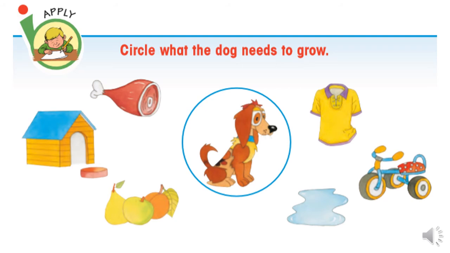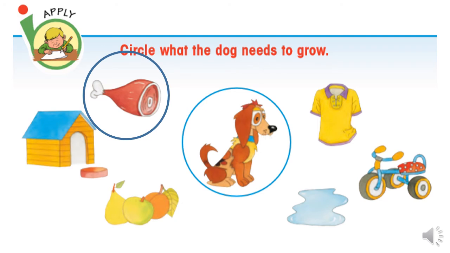Animals need food, water, air, and shelter. Shelter is a place, a home where this animal can live. I have a dog. Does this dog need meat to eat? Yes, so I have to circle meat.